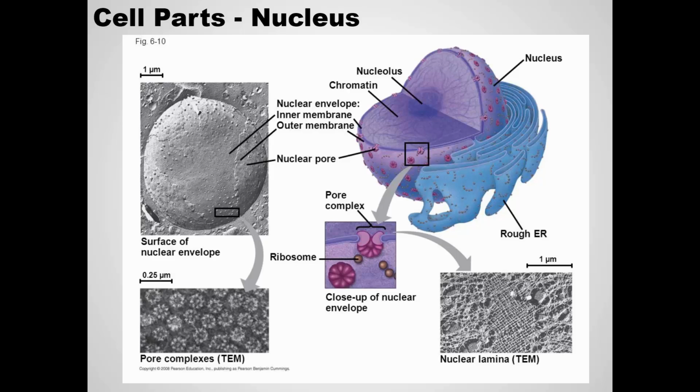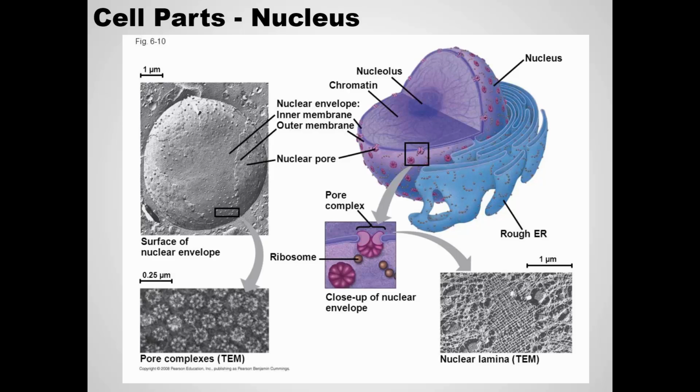The nucleolus is the darker area in there, and you can see the DNA in this form is chromatin, all spread out and diffuse throughout the nucleus. It has the membrane around the outside. It's a double layer membrane, kind of like the cell membrane. And embedded in that are these little pores, these little openings.